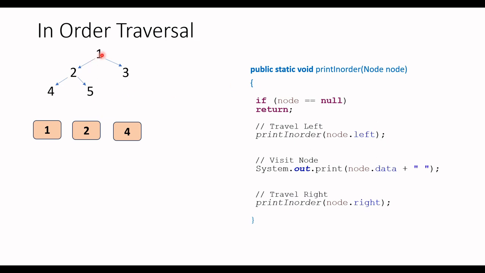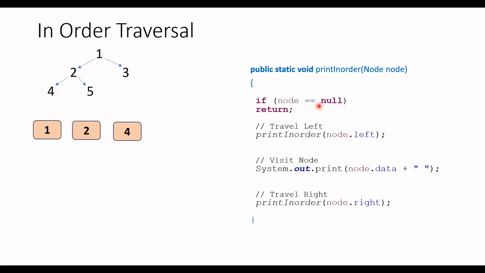Initially our root node will be 1. Since 1 is not null, it will come to this step, and 1 dot left is 2. Since 2 is not null and there is a node present, it will come here, and then 2 dot left, again there is a node present here.